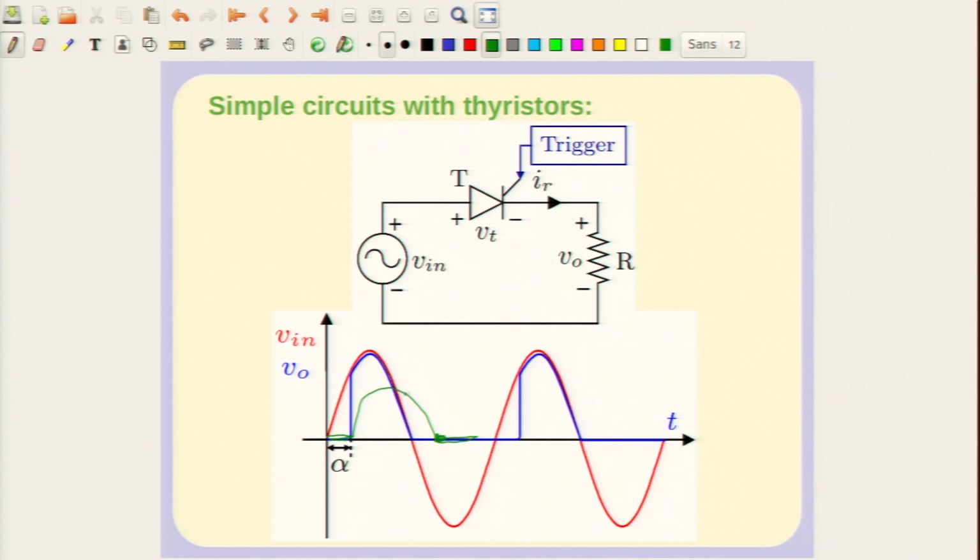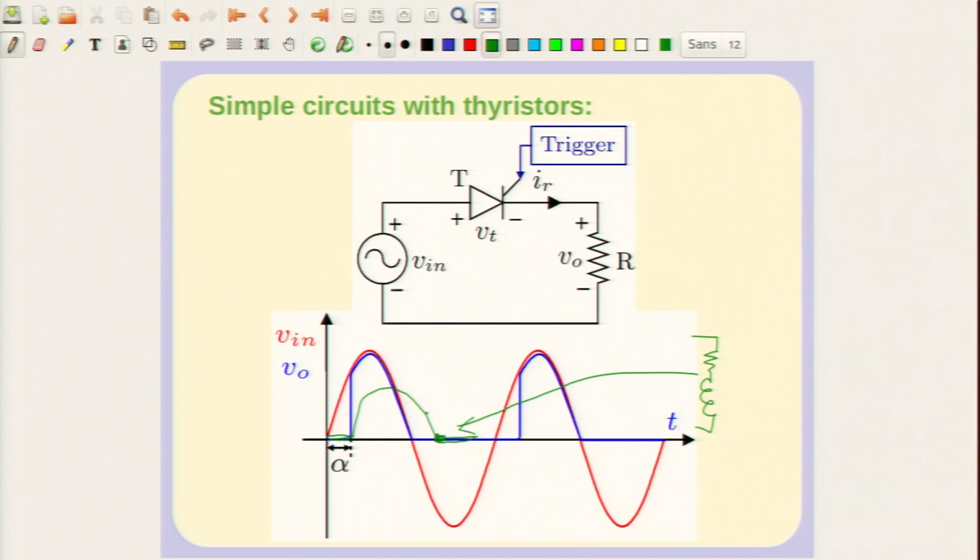Okay. You can't switch this off here, because although the source voltage has reversed here, the current is still positive. Okay. So, remember that what I am showing is that in case you have got an RL circuit, then this is the waveform.